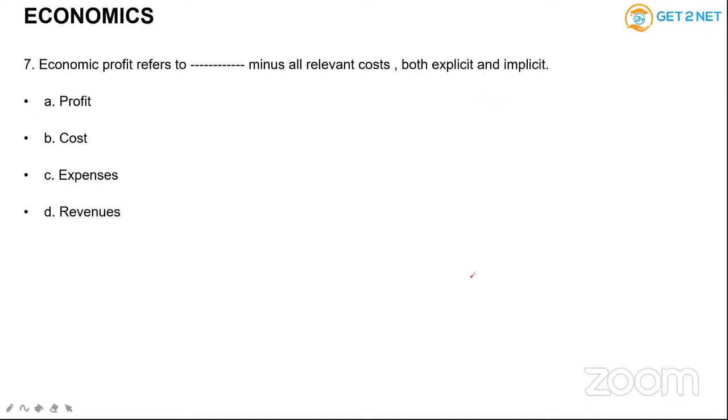Everyone gave revenue. Economic profit, obviously we had discussed, refers to revenues minus all relevant costs. That is known as economic profit, because you are deducting costs from revenue and we are determining profit.